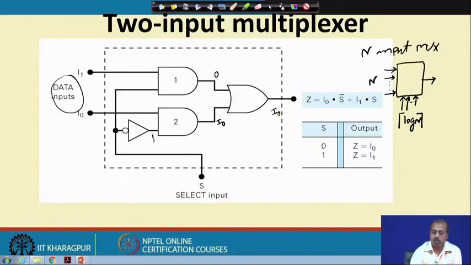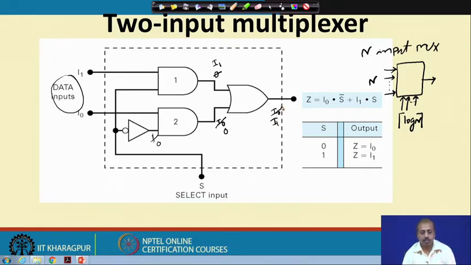So, when s equal to 0, I am getting I0, and when s equal to 1, what happens? Here I will get I1, since 1 will come here and this input is 0, so I will get a 0 at this point. They will be ORed and I will get I1.